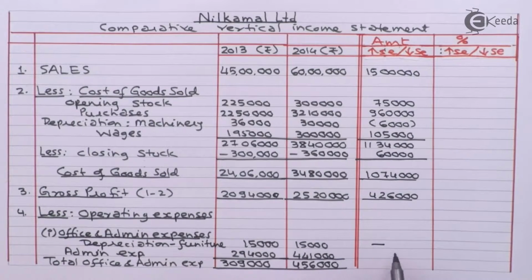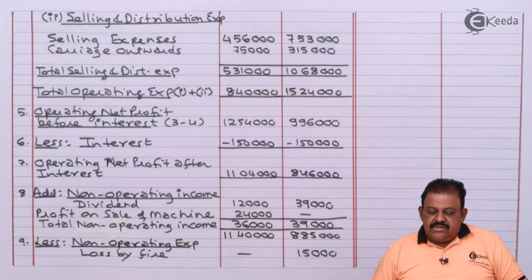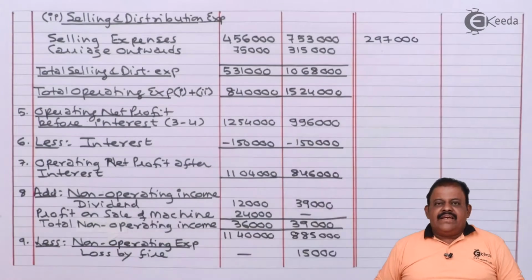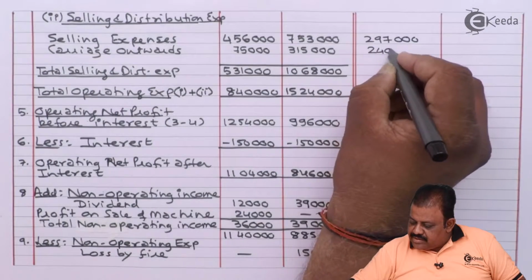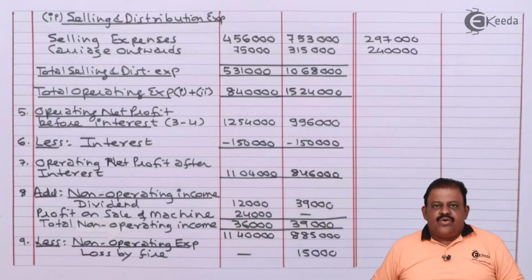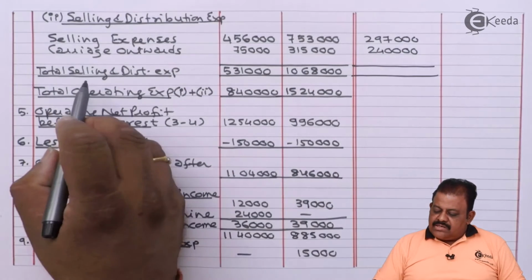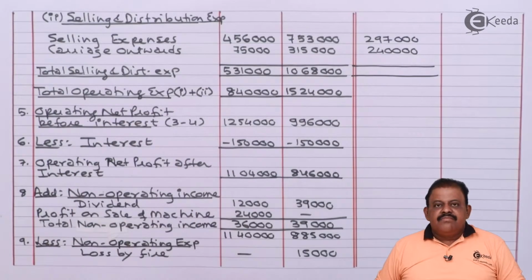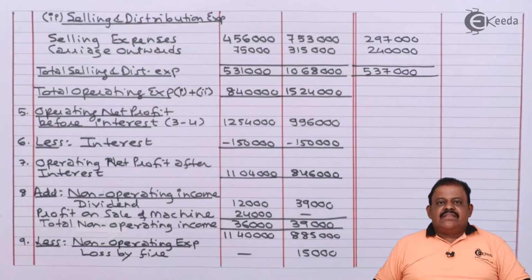Depreciation, both the years it is same, no increase, no decrease. Increase 1 lakh 47,000. Selling expenses increase 2 lakh 90. Carriage outwards increase 2 lakh 40,000. Total selling and distribution expenses, there is increase 5 lakh 37,000.